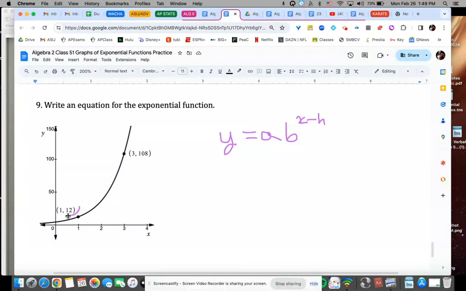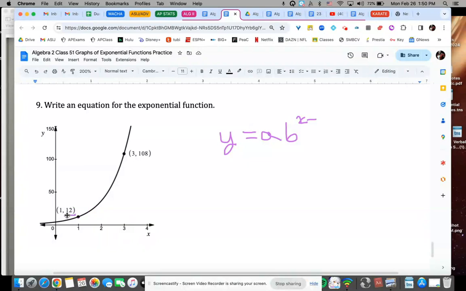One way to look at it is, okay, if I'm at 12 when it's 1, then if I go over and multiply by some number, and then go over and multiply by the same number, what number do I have to multiply by? 12 times what gives me this number, and then that number times the same number again? I'm trying to figure out what the rate has to be. So times some number and then times the same number again to get to 108. Let's just try one so you see what I'm talking about.